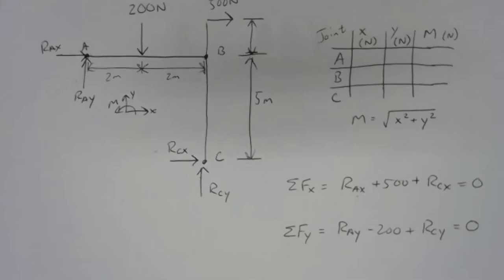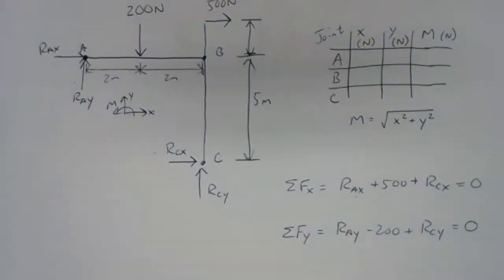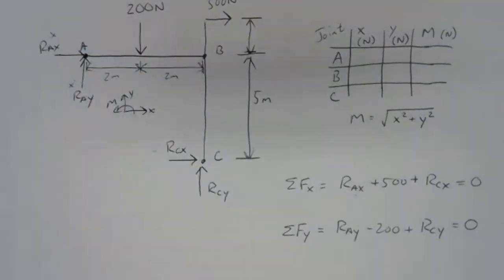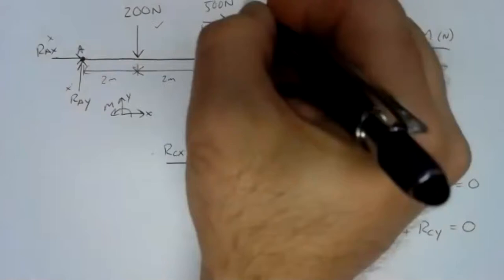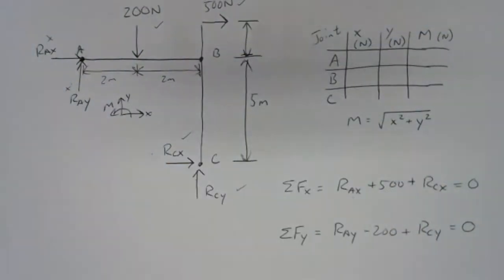So let's go ahead and do that. I'm just going to arbitrarily pick A, since that's what we've picked in most situations. So RAX and RAY, no moments there, but everything else will have a moment. And one of the most common errors I see across all of these problems, even the external problem on trusses, is people missing moments.